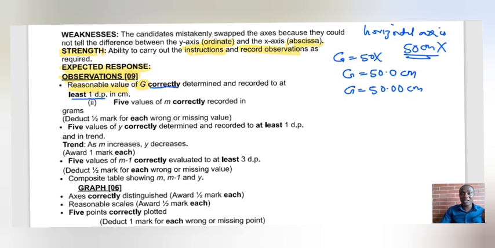At least does not mean that it has to be one decimal place, but it must not be less than one decimal place. It can be one, two, or three decimal places. I'd advise you to always take the readings to two decimal places. That would be better. But if you take it to one decimal place, it's fine. It's advisable to take it to two decimal places so that you don't make errors.